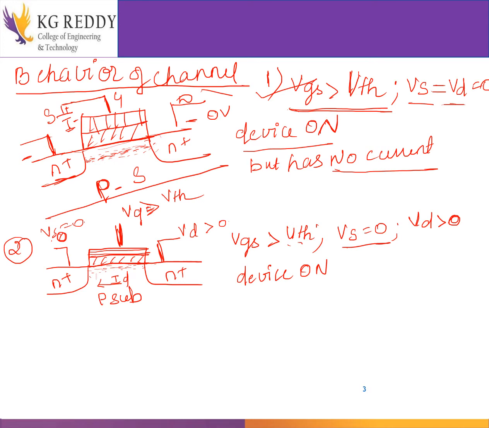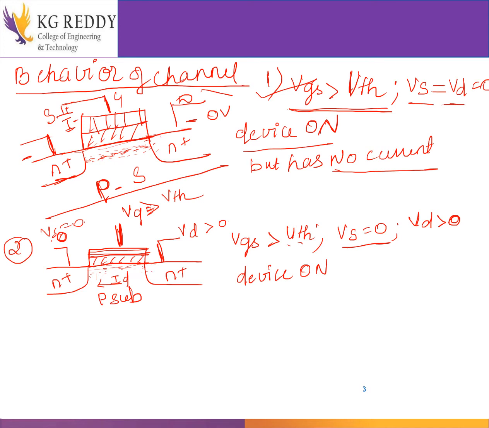The channel voltage also varies, because here the source voltage is 0, but the drain voltage is greater than 0. So there is a change in the channel voltage.